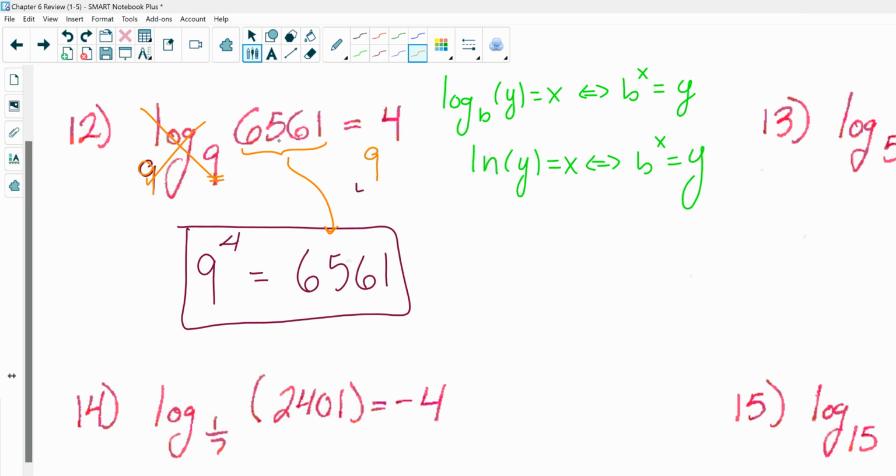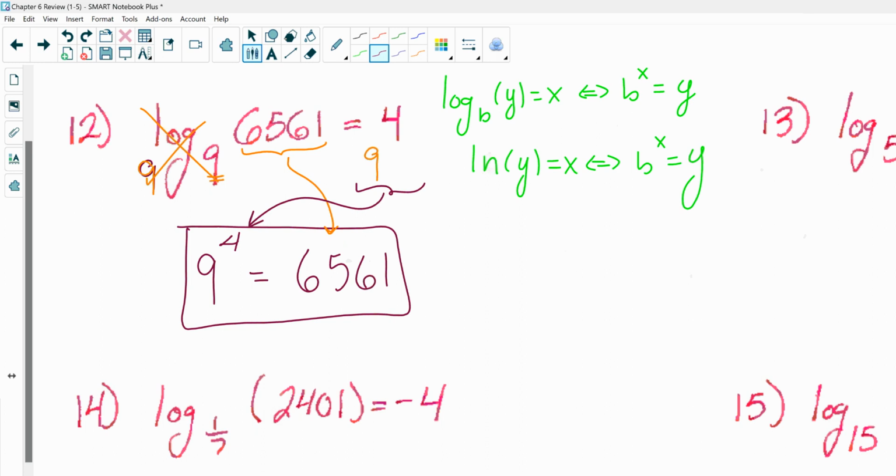The other side is 9 to the fourth. I just put both sides to the base of 9, and it simplified to 9 to the fourth is equal to 6,561.